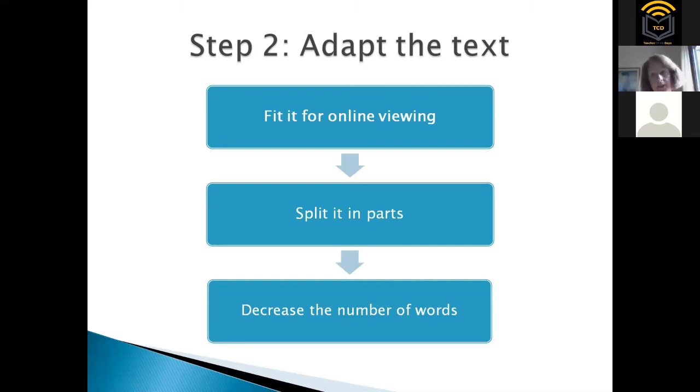And sometimes for screen use, you've got to decrease the number of words, because even if you split it in screens, it is demotivating for a student to know that he or she will have to read 3 or 4 screens in order to get to the end of the reading. So actually decreasing the number of words is not an altogether bad idea.